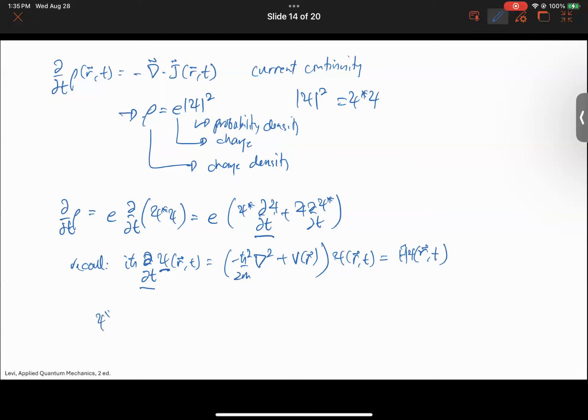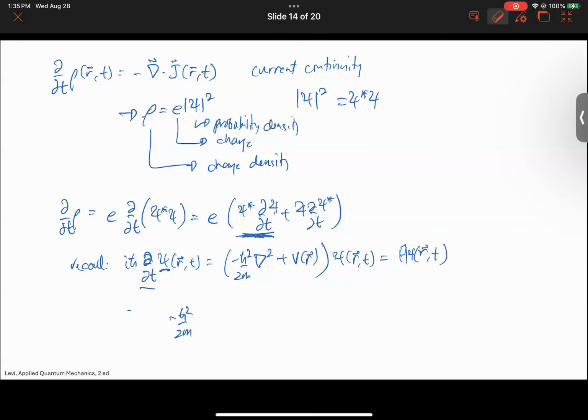So we have psi star, i h bar, d dt ng psi. This will be equal to negative h bar squared over 2m psi star del squared ng psi plus psi star V psi.